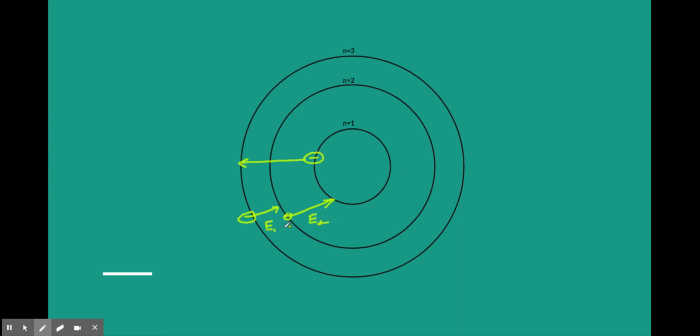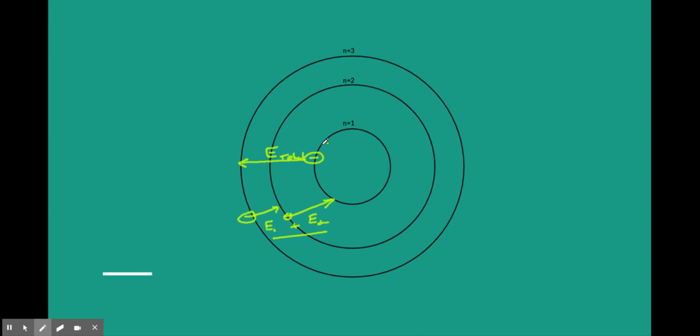As long as these 2 energies add up to be the energy that we put in, then everything works out. So we could have one big jump up and then 2 little jumps down. We could have one big jump up and one big jump down. There's all kinds of combinations that are possible here. So be aware of that.